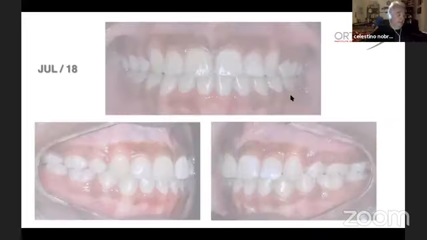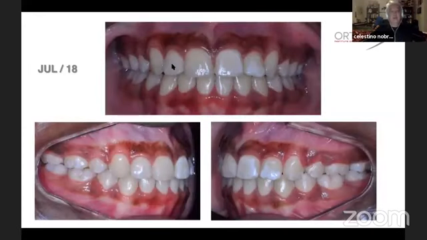Okay, so follow my line here. This is July 18, the same day we debonded the patient. Take a look at this occlusion here. It's a perfect occlusion. And I'm very proud to announce that this patient was treated by one of my residents in Brazil.